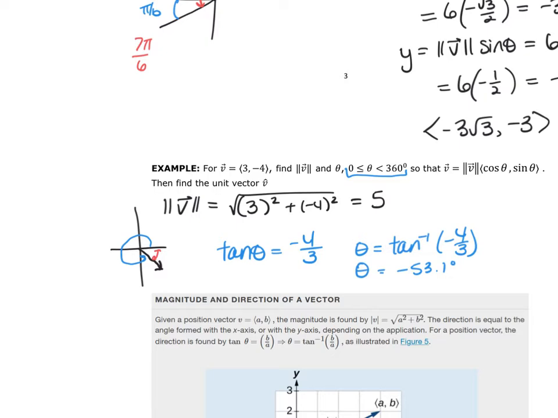Now remember, tangent inverse is only defined between negative 90 degrees, not inclusive, and 90 degrees. So the fact that I get a negative 53 just tells me that that is the negative rotation.